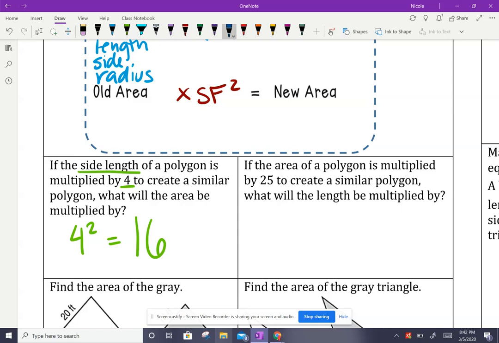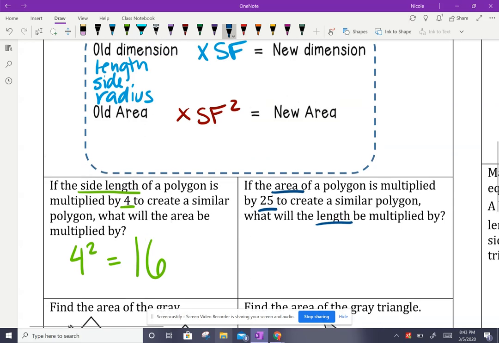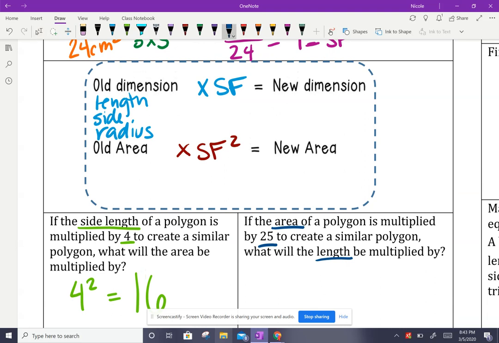Now, if I was to look at the area of a polygon that's multiplied by 25 to create a similar polygon, what do we do to the length? So again, look at your chart. It said area was multiplied by 25, which is scale factor squared.